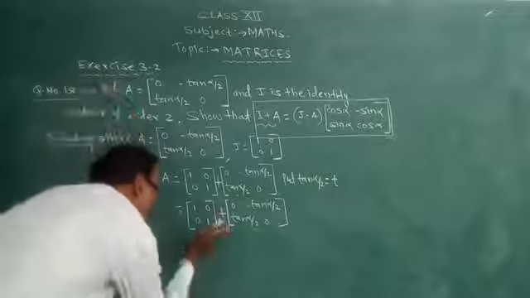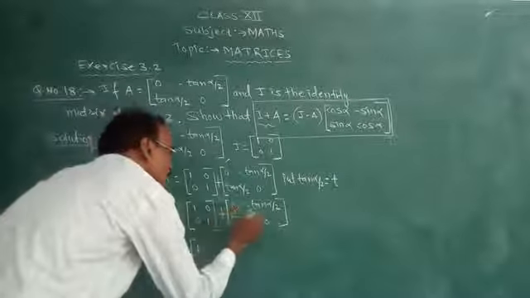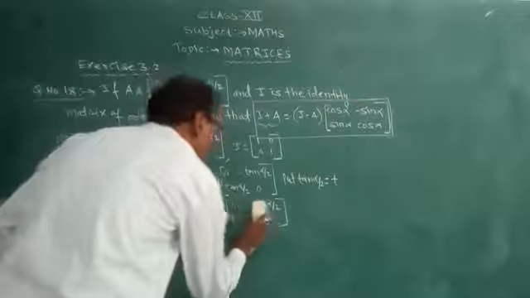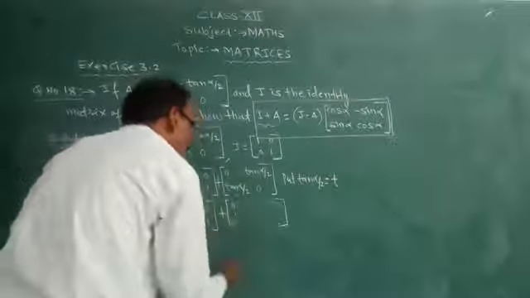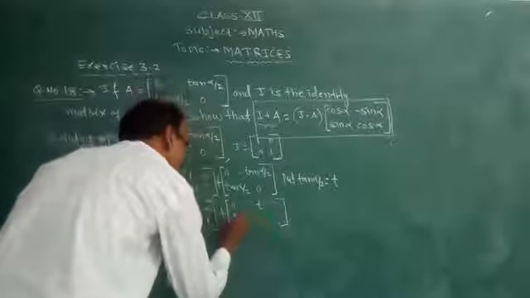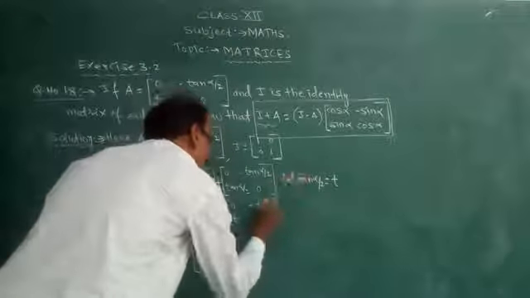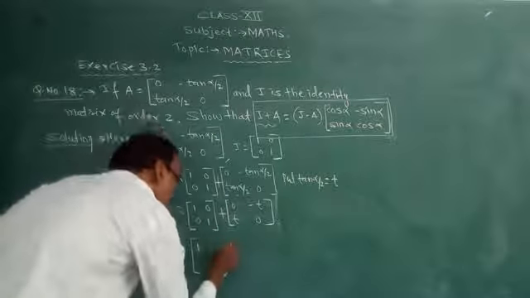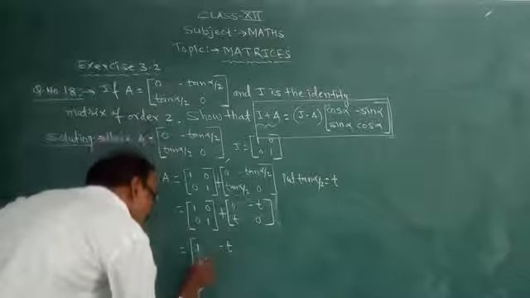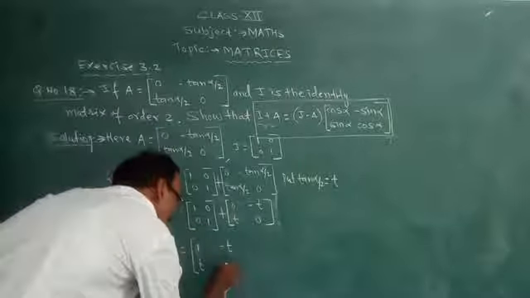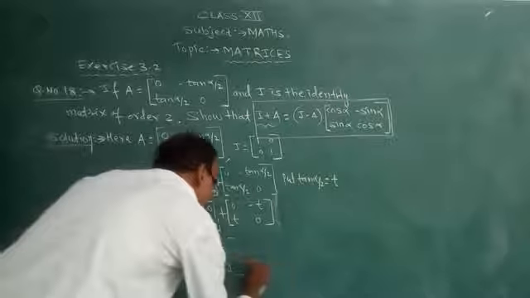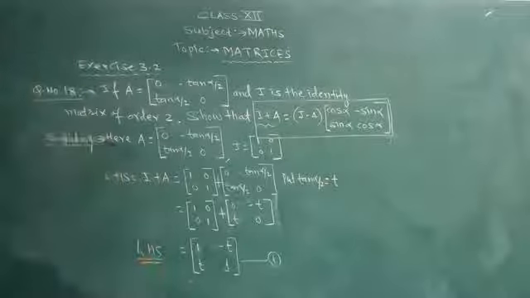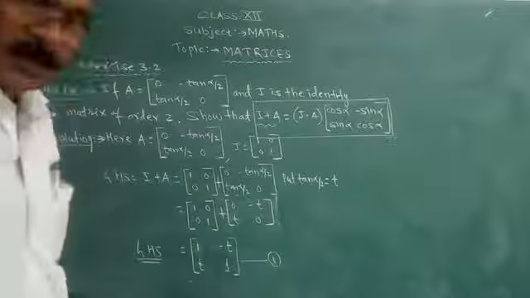So 1 plus 0 is 1, 0 plus minus T is minus T, 0 plus T is T, and 1 plus 0 is 1. So this is your left hand side. Okay, left hand side is 1, minus T, T and 1.